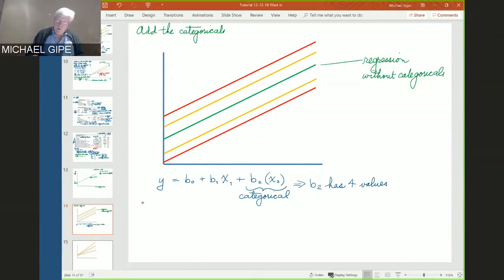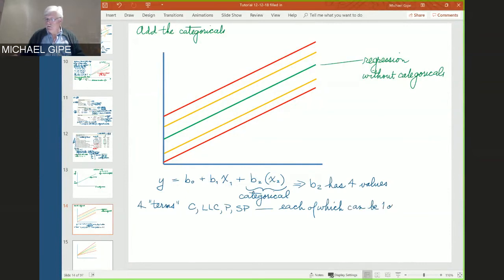So we've got 4 subterms. They could be C, LLC, P, or SP. And each one of these terms could be 1 or 0. Mutually exclusive.